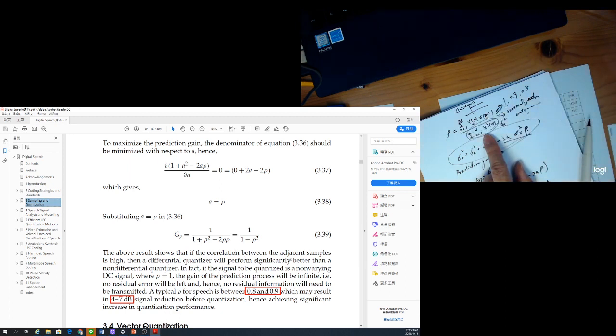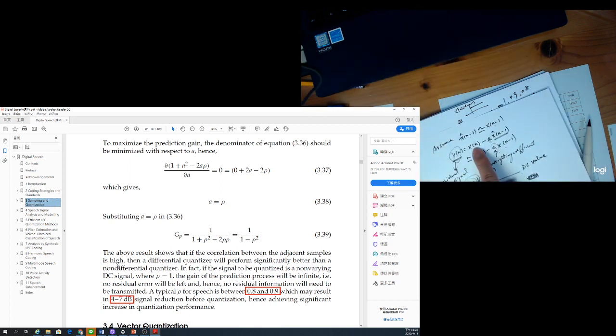If the correlation between adjacent samples is high, your differential quantizer will perform significantly better than the non-differential one. The non-differential quantizer quantizes the signal directly, without doing prediction from previous decoded data.